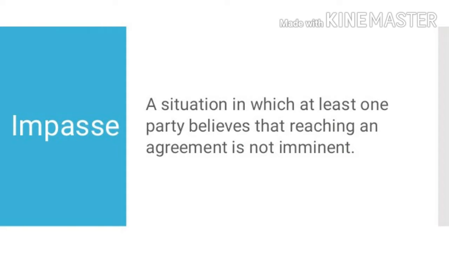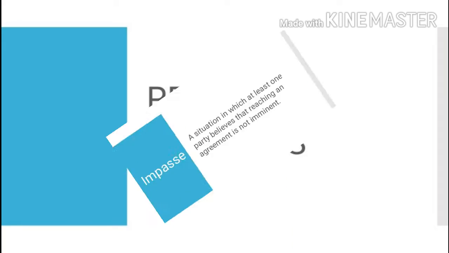Or this is a situation in which no progress seems possible, especially with the labor agreements. If an impasse occurs, there are several actions that can be taken by either side or both sides in an attempt to break the impasse.